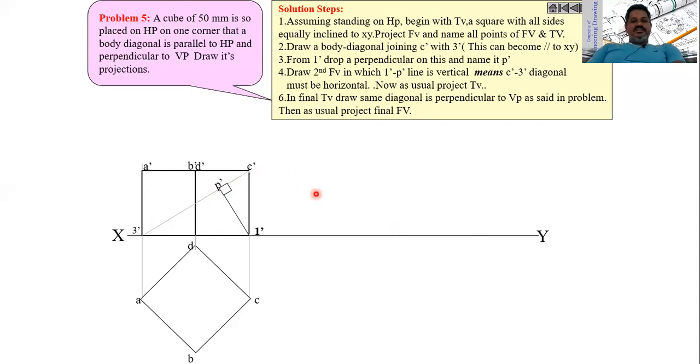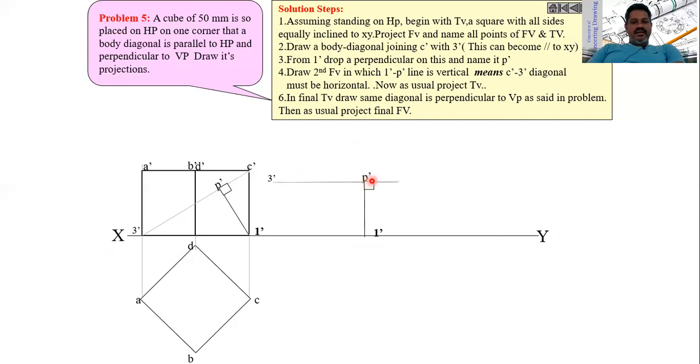So to draw the projection, now draw a horizontal line first, 3 dash P dash, because we need to twist this diagonal and make it horizontal to this XY line, which is the HP. Draw the 3 dash P dash first with the compass, then P dash 1 dash will be exactly perpendicular to HP.